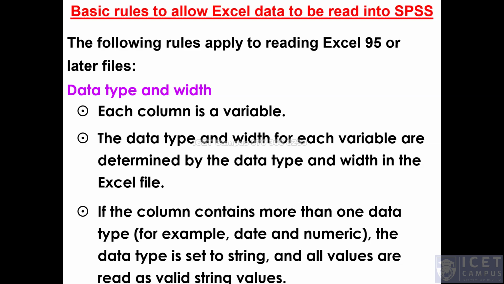Data type and width. Each column is a variable. The data type and width for each variable are determined by the data type and the width in the Excel file. If the column contains more than one data type, for example, date and numeric, the data type is set to string, and all values are valid string values.